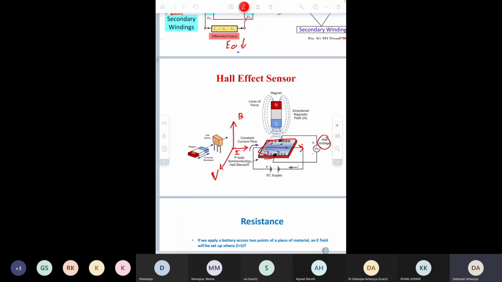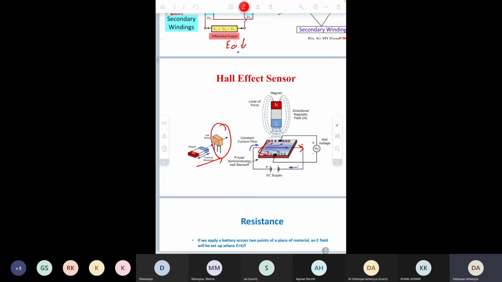So this is the voltage. By measuring this voltage, you can measure different kinds of physical parameters. For example, here you have a Hall sensor. If this magnet comes closer to this Hall sensor, what happens?